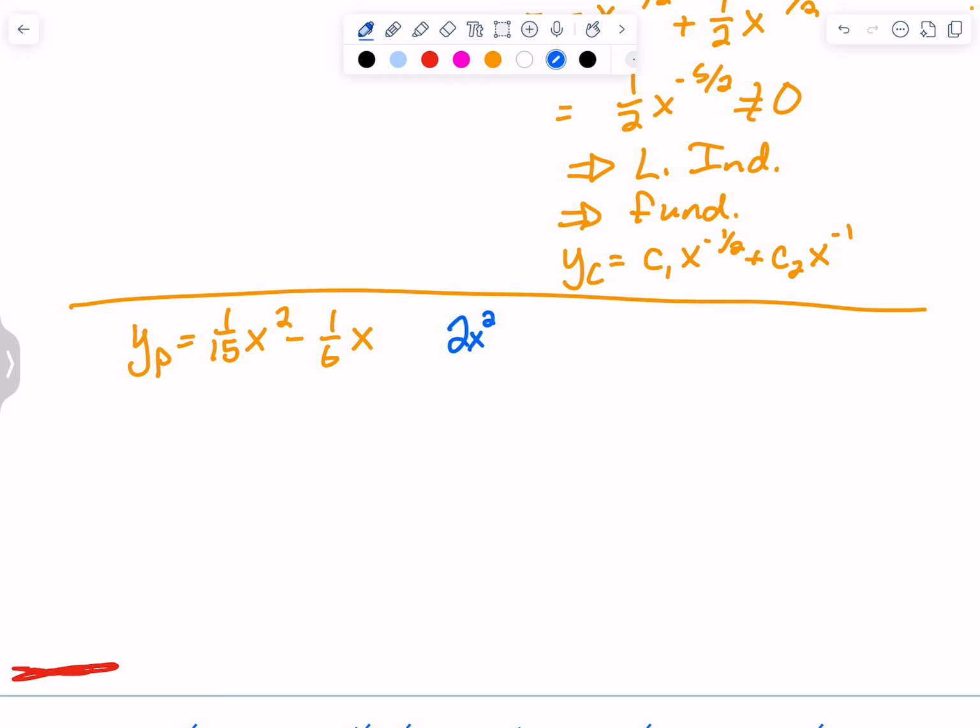2x squared y double prime plus 5x y prime plus y, and this should equal x squared minus x. I like to build up to it. So I have y sub p, and I'm going to find y sub p prime. That's going to be 2/15 x minus 1/6.